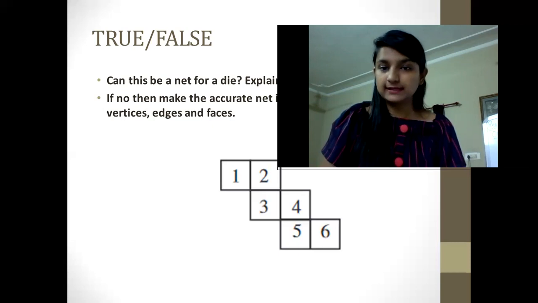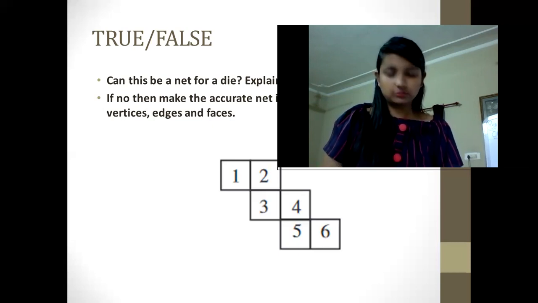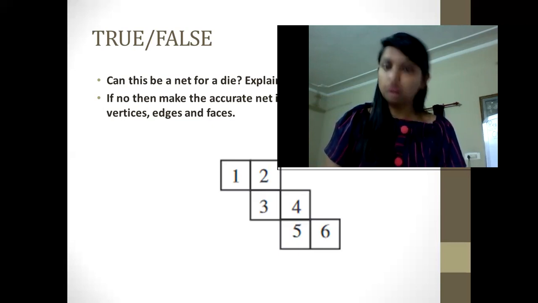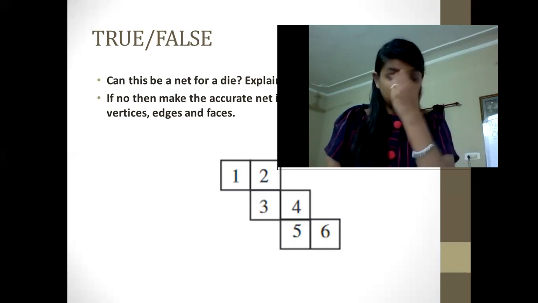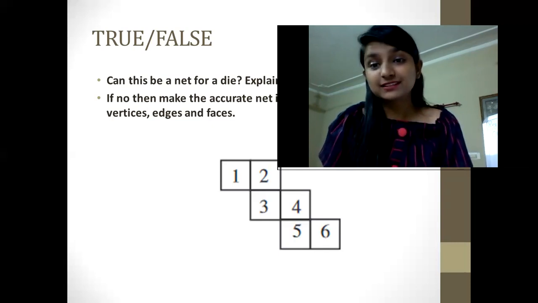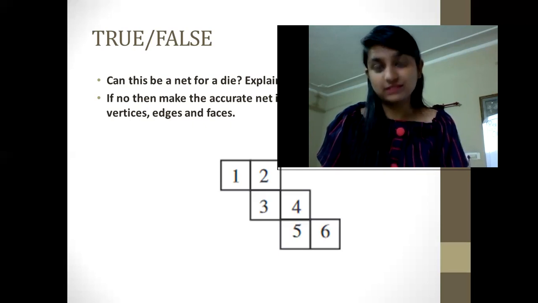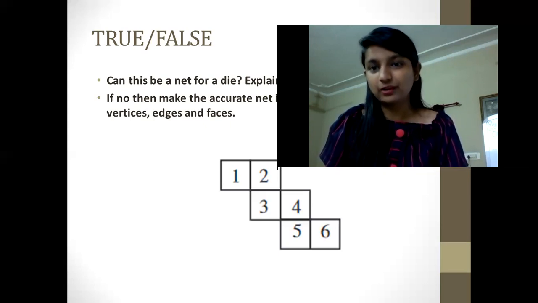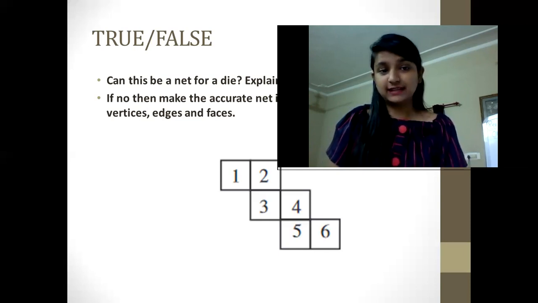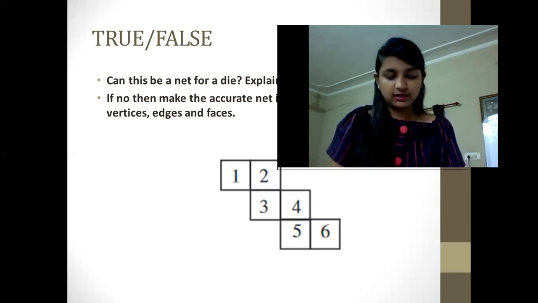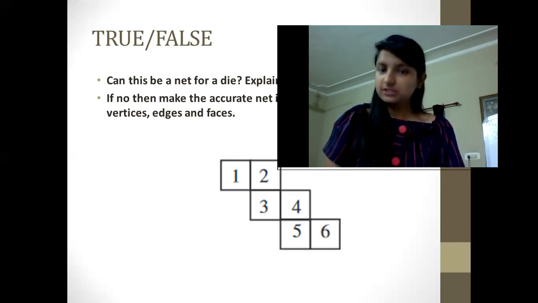So the right answer is, we would be taking it as true. Okay, so after that, as we have cleared the first round, which was whether it is true or not, they have asked for the next one. They said that if it is true, then find out its vertices, edges, and faces.